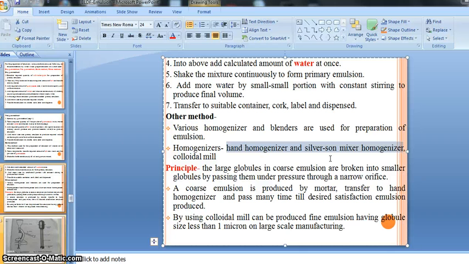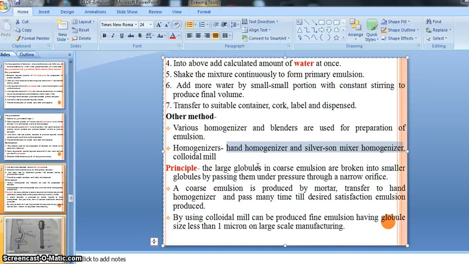So before starting, what is a homogenizer, right? We should know the principle, means on which principle the hand homogenizer and Silverson mixer homogenizer work. You also studied in first year that there are various kinds of mixers, homogenizers, colloidal mills and other mills, like the ball mill and cutter mill, right?